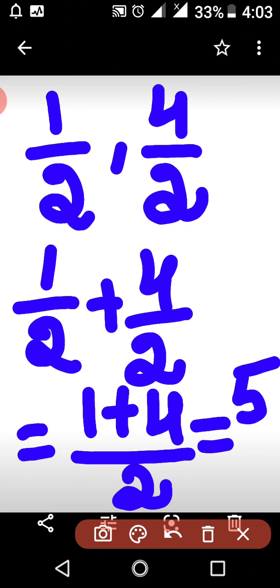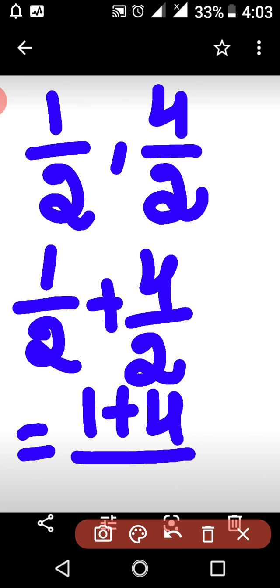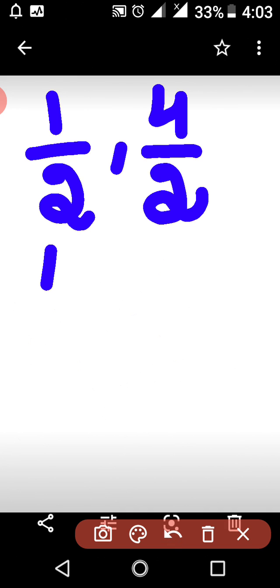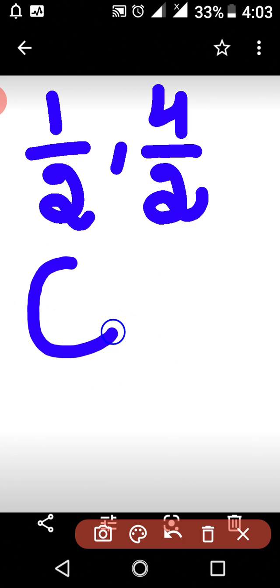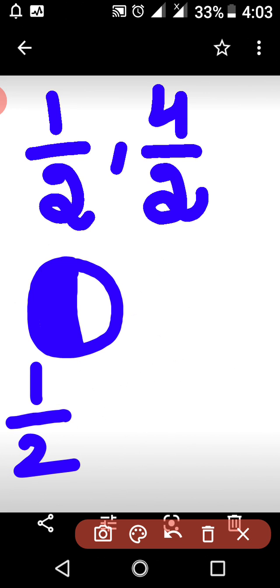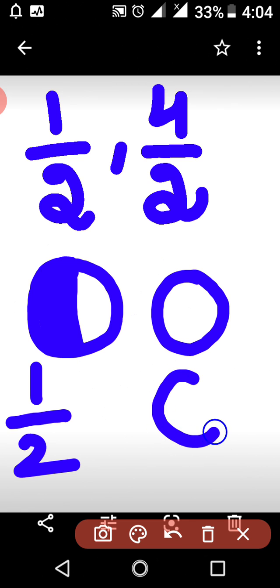So what are the two values given here? 1 by 2 and 4 by 2. 1 by 2 means if you take a circle or any other object, divide it into 2 equal parts, and we choose the first part. It represents 1 by 2. Now if you take 4 by 2, here we are going to take 2 circles.